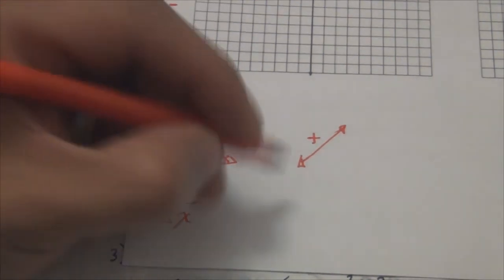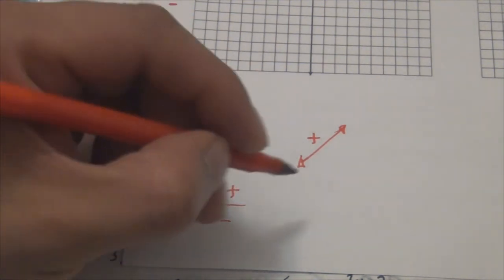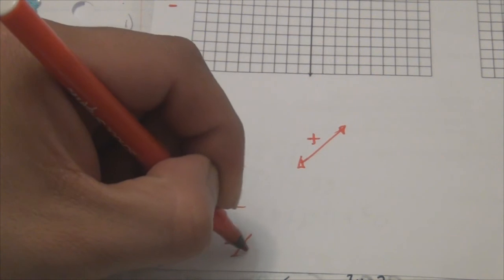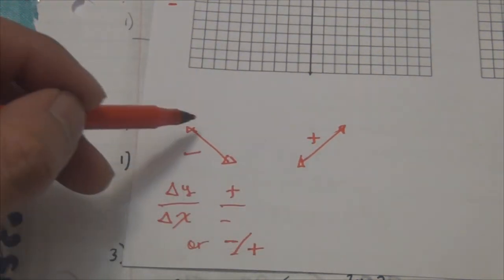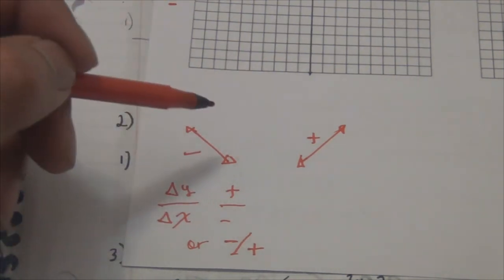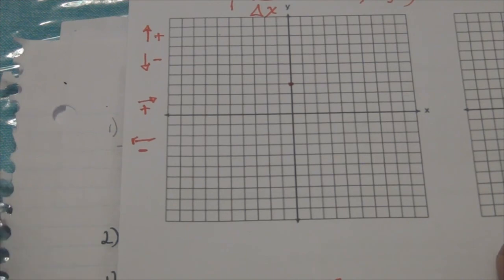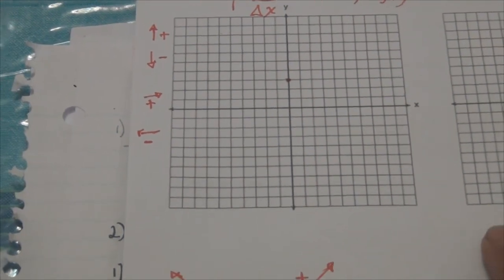You can get a negative slope if you have a positive number divided by a negative, or a negative number divided by a positive. Any of these divisions will give you negative. Let me zoom out so you can see the whole thing.